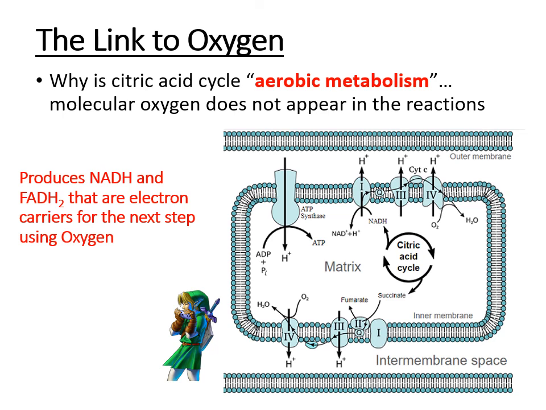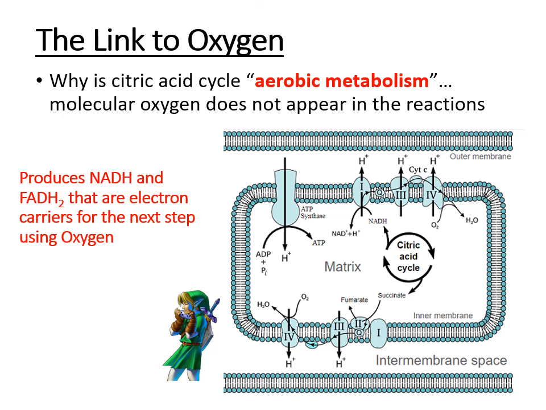But basically, the reason why the citric acid cycle is considered aerobic is that it's closely tied to the electron transport and oxidative phosphorylation steps of this whole big pathway, which eventually do lead to oxygen. And so the citric acid cycle, we mentioned, produces NADH and FADH2. And those serve as the electron carriers for the heavily aerobic electron transport chain and oxidative phosphorylation.